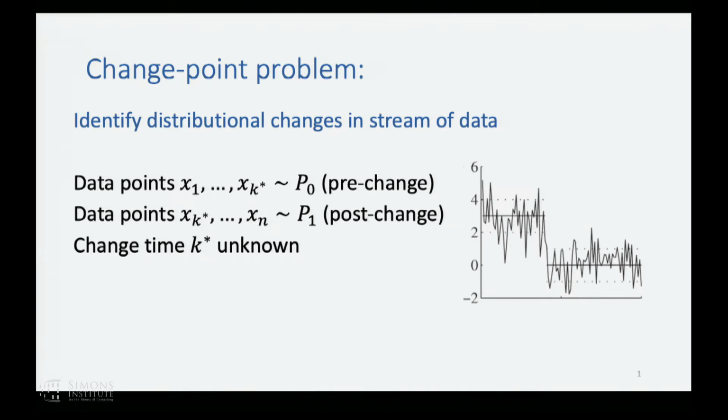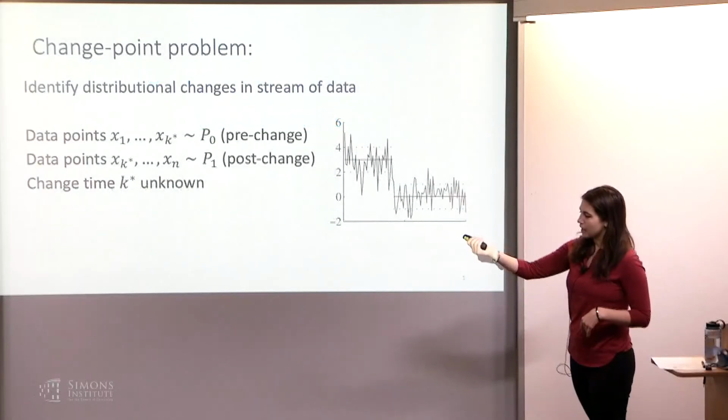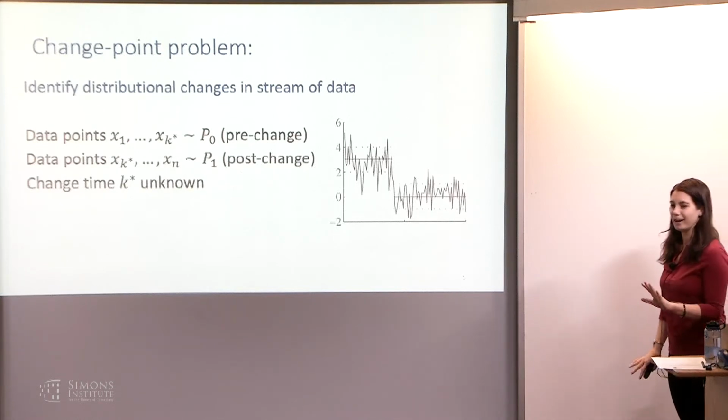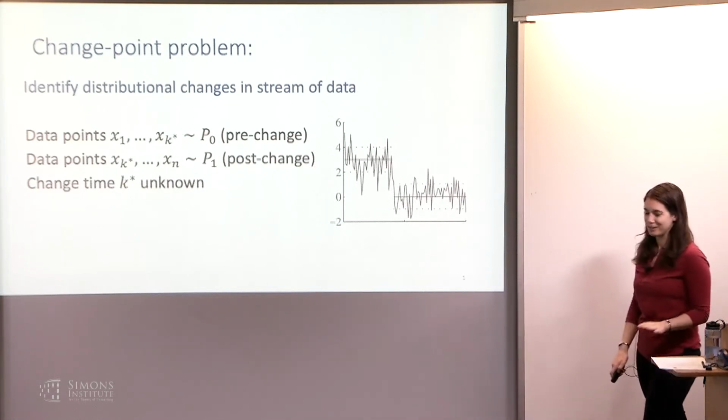You don't know the change point time k star, and the goal is to find this time k star. We're going to assume p0 and p1 are both perfectly known, and that these points are sampled IID. If you don't like those assumptions, wait until my very last slide. But until then, these things are going to hold.